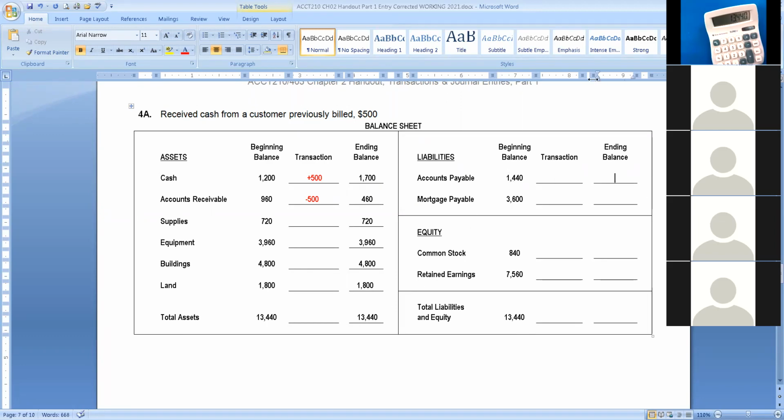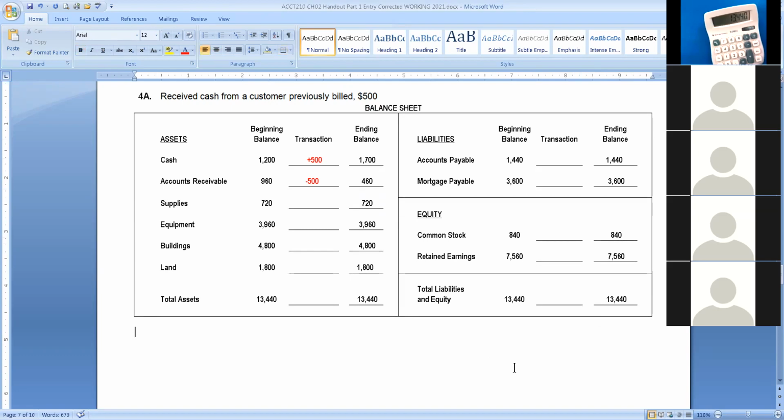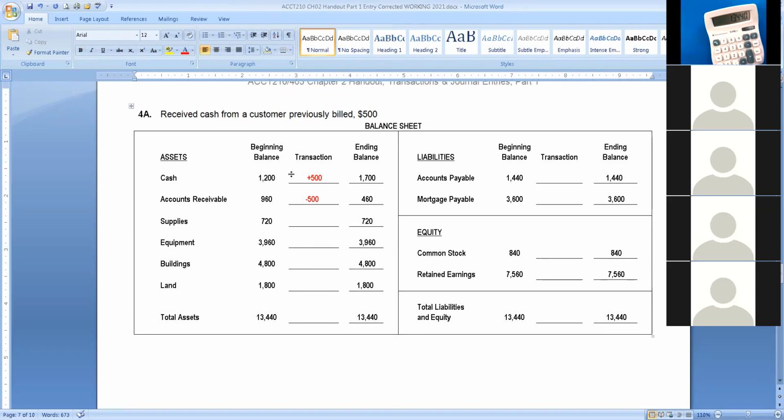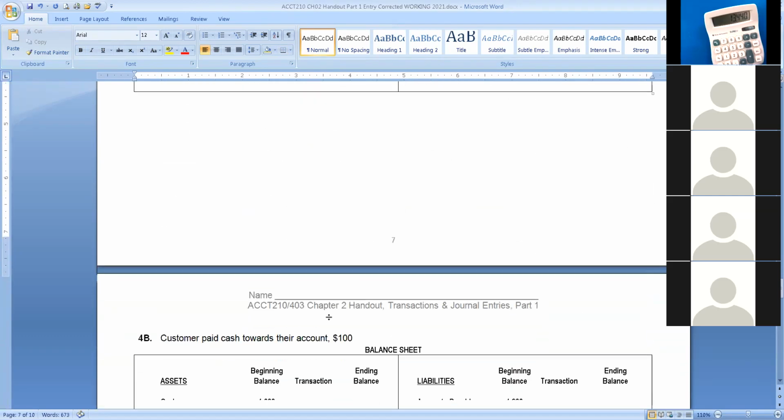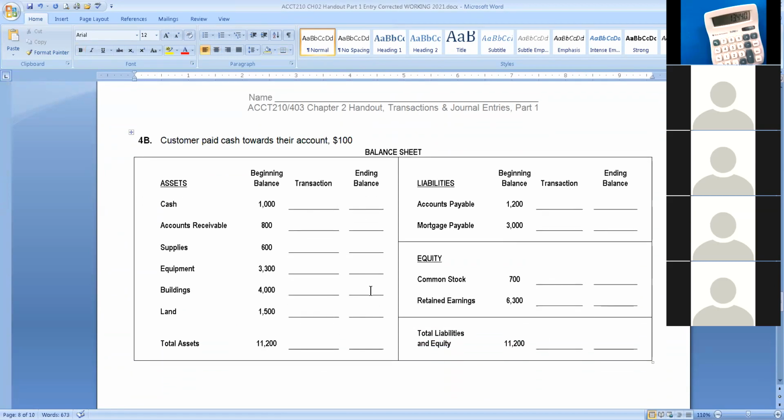This one, everything would be the same. All right. So this is when we billed the customer previously, but now we've collected that money, so they don't owe us that anymore, but we got the cash. Which honestly, we'd rather have the cash in hand. So it's good. 4B is exactly the same.